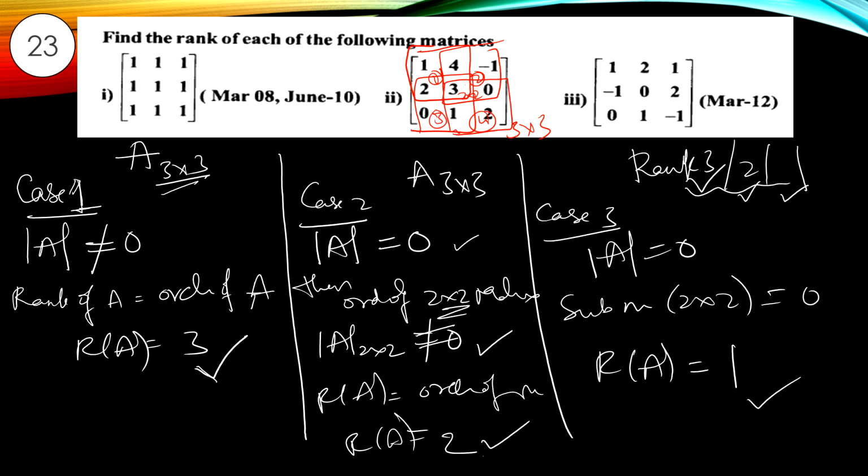In total you will have four submatrices for a 3 by 3 matrix. For suppose this determinant is equal to 0, then you need to calculate the determinant for all these submatrices of order 2 by 2, because if any of the submatrices has a determinant not equal to 0, then you can say the rank is 2. Okay, you got it right.